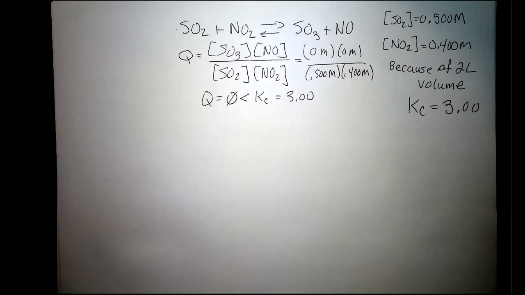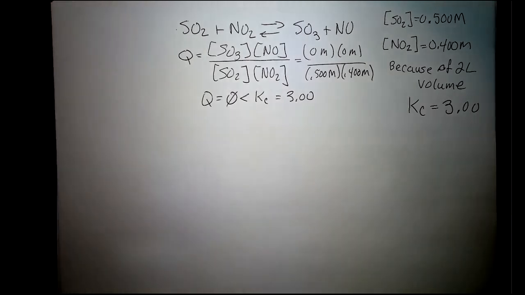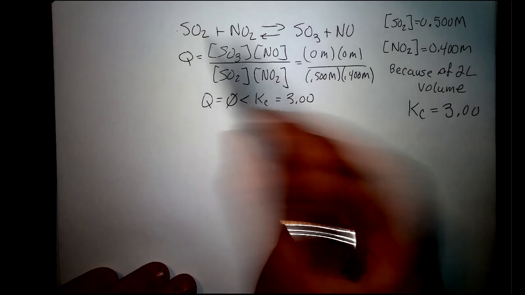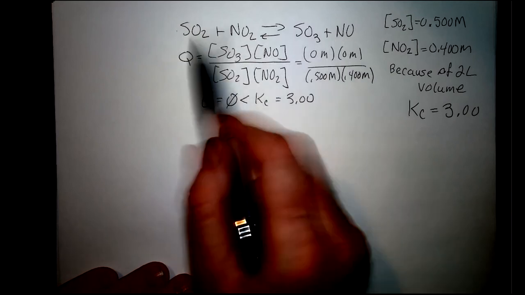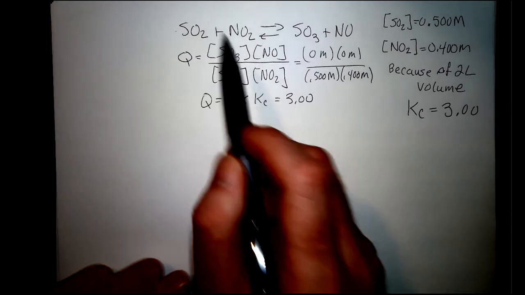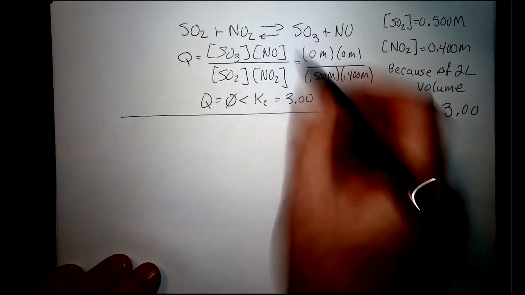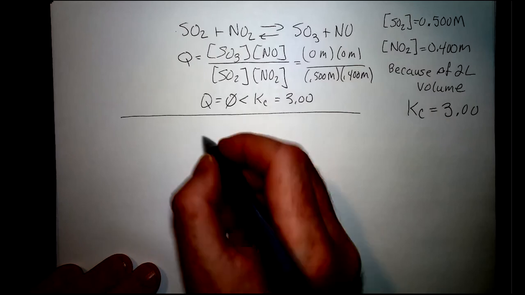Right? And that's a case where you could maybe not do this calculation, because if I don't have any products, it has to shift that way. If I don't have any reactants, it has to shift that way. That being said, we know which way it shifts: towards the formation of products. So let's get our ICE table going.